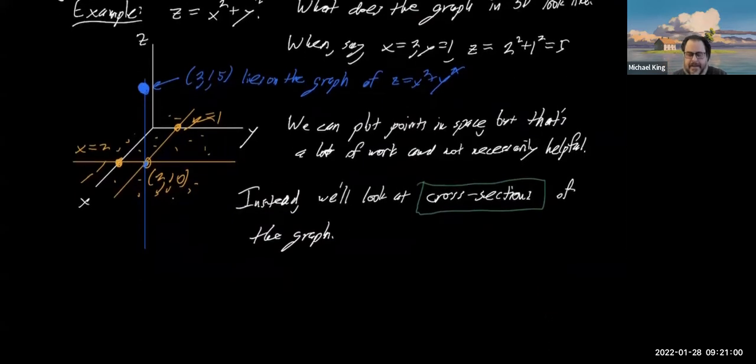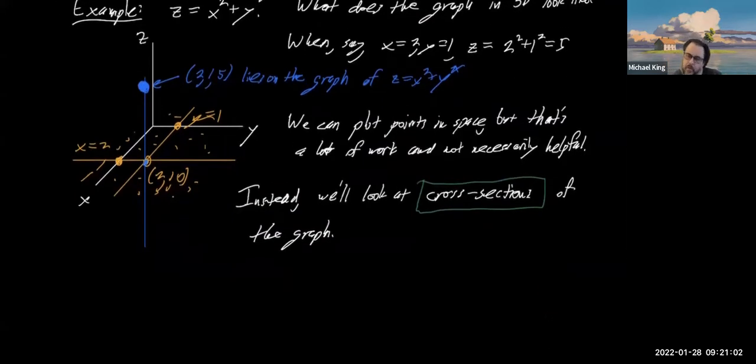So what does that mean? It means you set x equals constant or y equals constant, because that's kind of like a slice. Like if I look at all the points where x is 0, if I just set x equal to 0. These are what are called x equals constant or y equals constant slices.